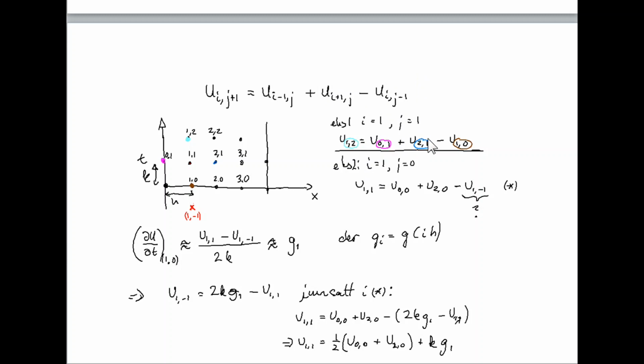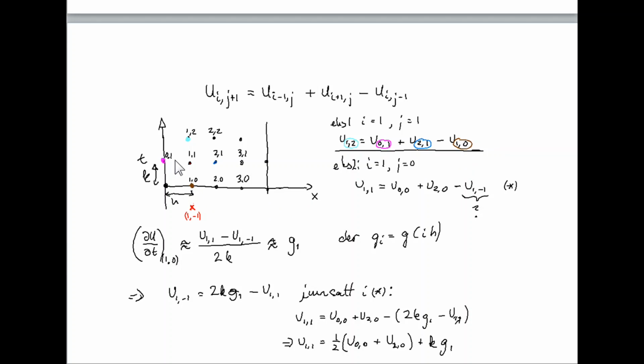We obtain this equation. And here we see that the number 1, 2 refers to this point. 0, 1 is this point. 2, 1 is this point. And 1, 0 is the lower point here.